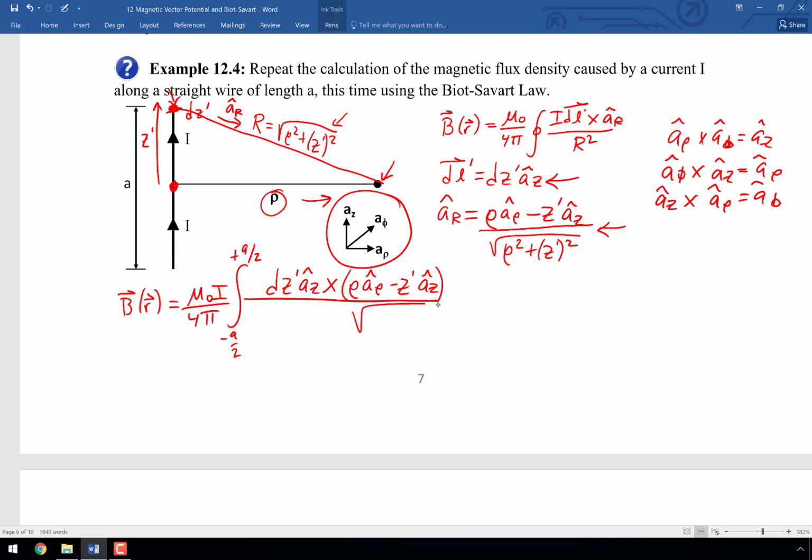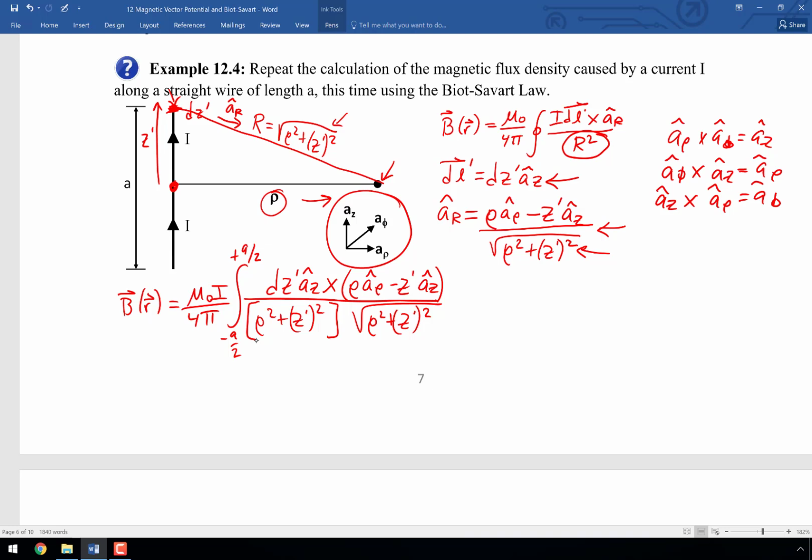And then I'm going to have the rest of this, so the denominator of that is going to be down here, the square root of rho squared plus z prime squared. And then must not forget this r squared that's in the denominator. So r squared is just going to be rho squared plus z prime squared. So it was the square root; when we squared it, the square root went away.